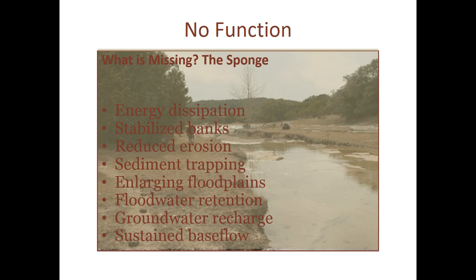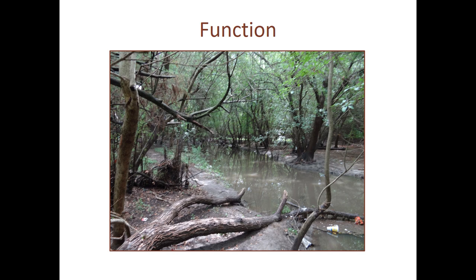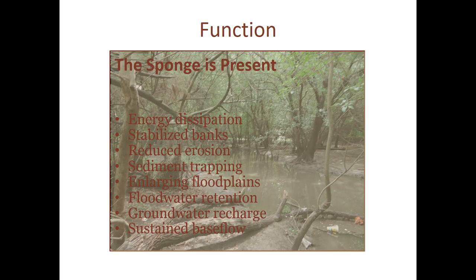All are inhibited. The riparian area along the Leona River in Uvalde is functioning. It has adequate vegetation, landform, or large woody material to dissipate stream energy, so all of the other processes are occurring. There is a sponge present.